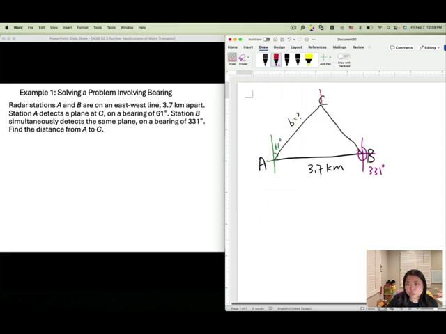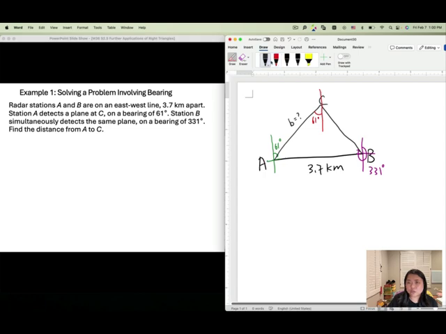I will draw the straight vertical line here. And remember the angles you learned from section 1.2. You could see I have the Z here. So you know this angle will be 61 degrees.